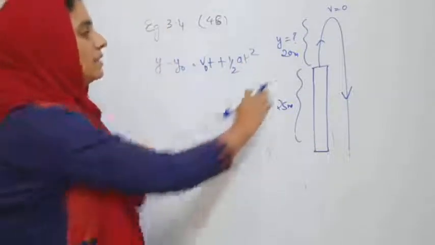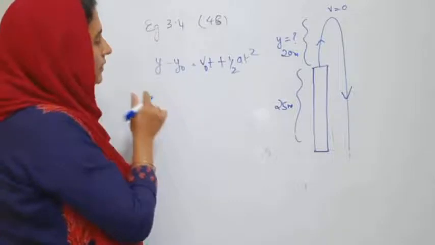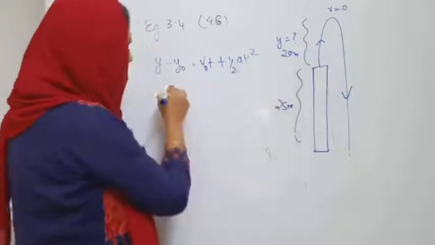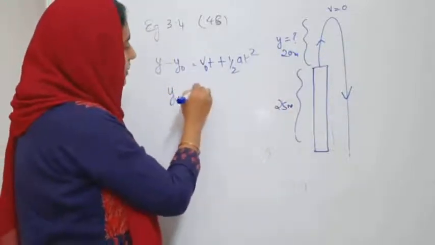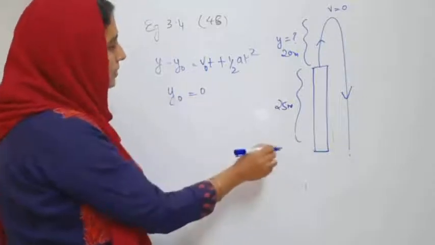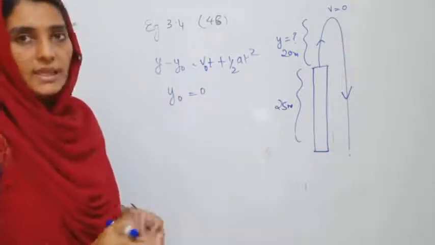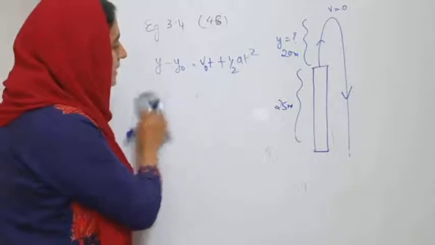We have considered the initial position as the origin, so let us take y0 to be 0, and the final position, y minus y0 itself, can be considered as minus 25.